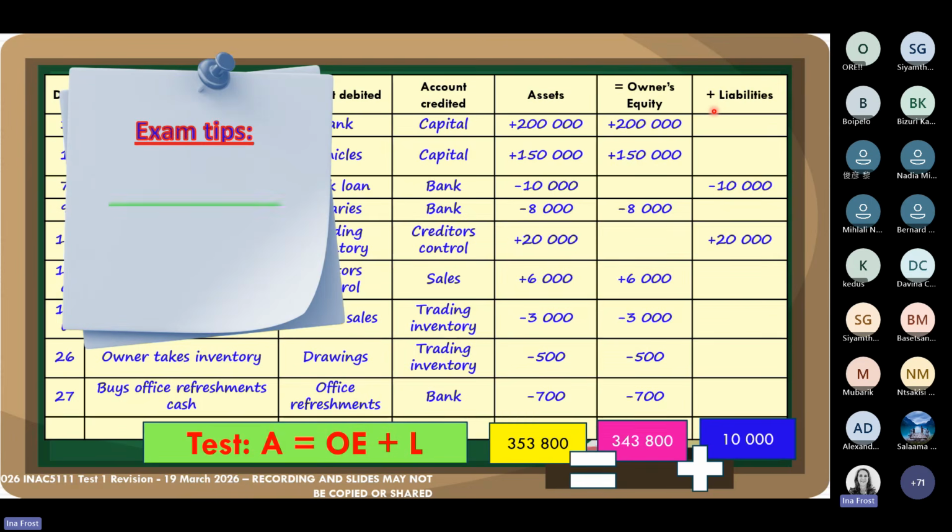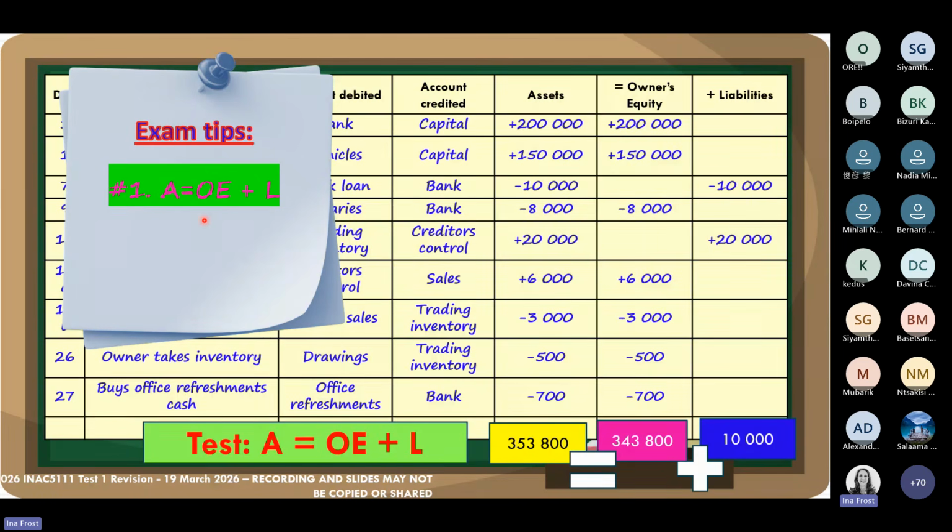So for me, that is another exam tip: when you're asked to do these questions where you have to do the impact on the accounting equation, then quickly just tally all three of your columns and make sure that your assets are really equal to your owner's equity plus liabilities.